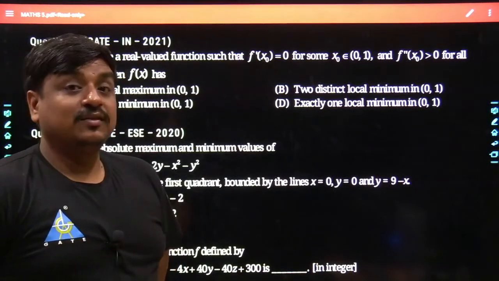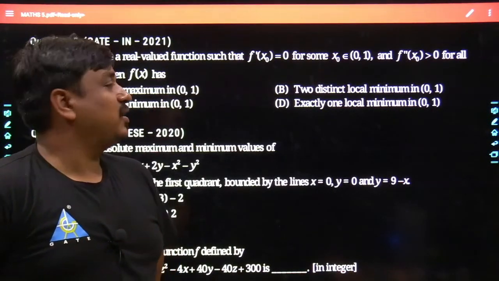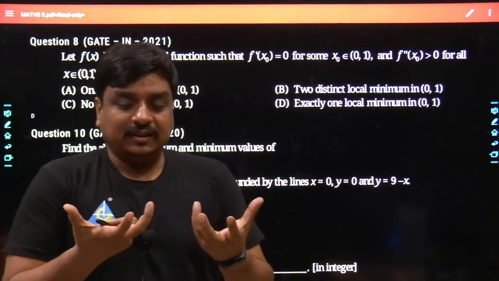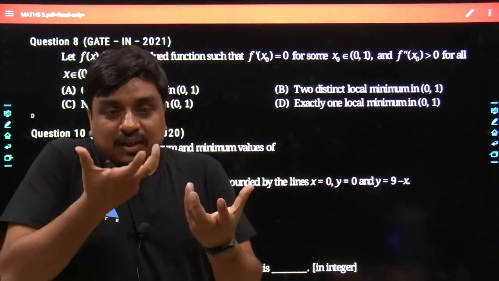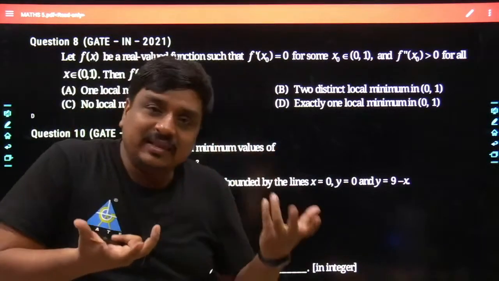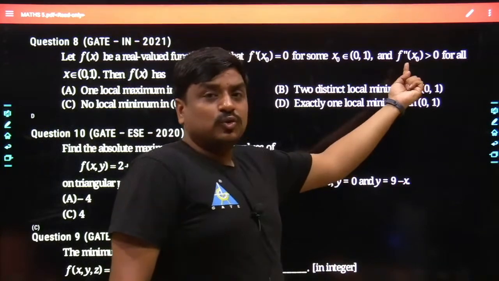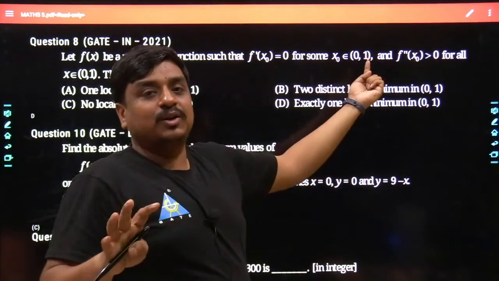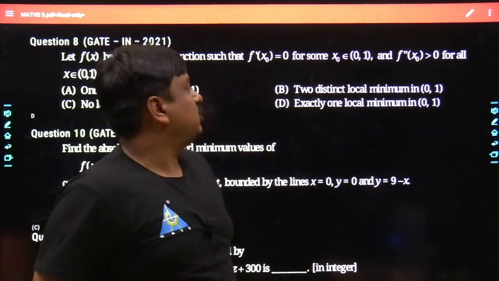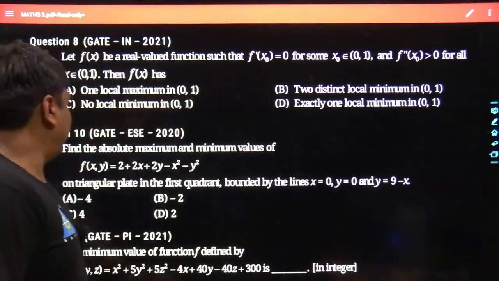But as per the conceptual understanding of maxima and minima, two minimas cannot fall adjacent. There must be one minima, then maxima, then only minima. And f double dash x naught greater than 0 ensures there cannot be any maxima at all. What does that mean? Only one minima you have. The best most answer was D.